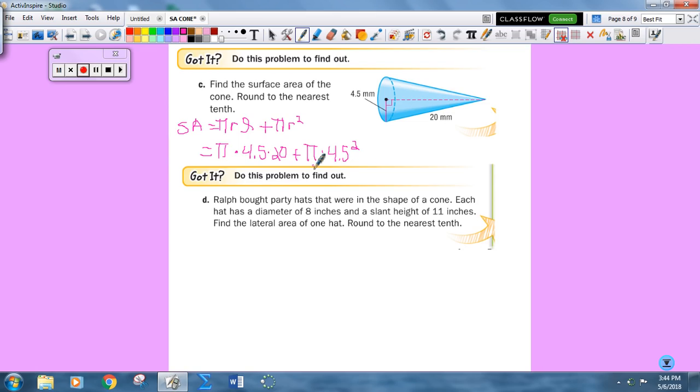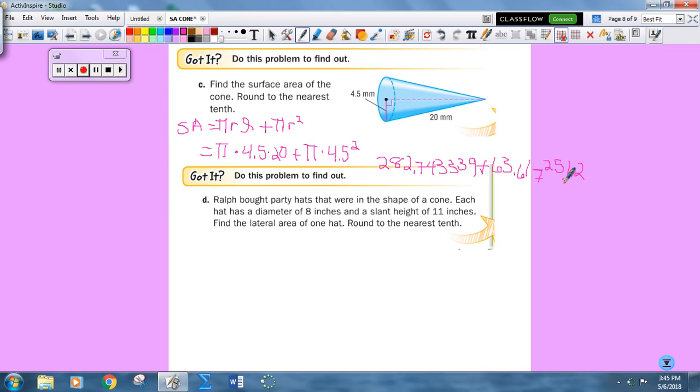So I'm going to do the first part first. So pi times 4.5 times 20. That gives me 282.74339. Second part is pi times 4.5 squared, which gives me 63.61725.